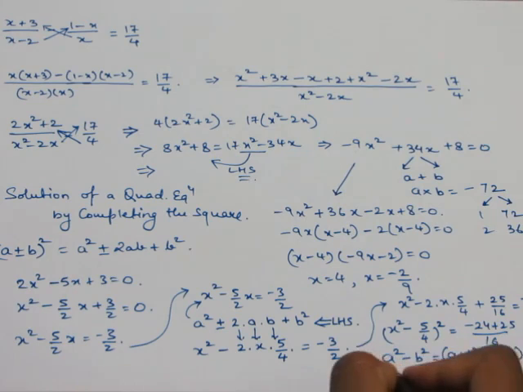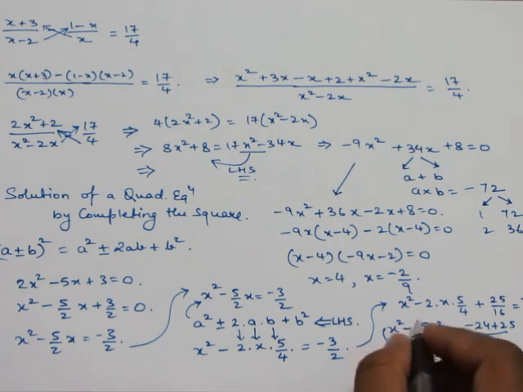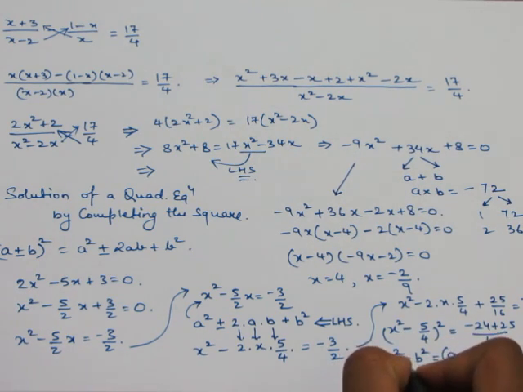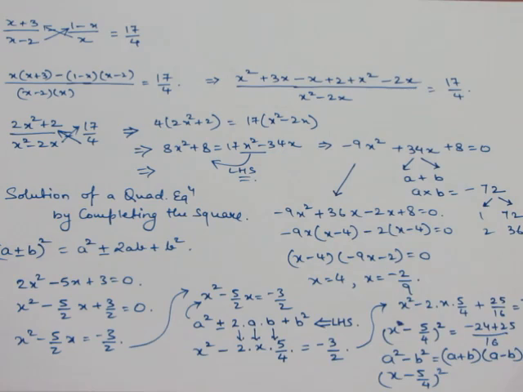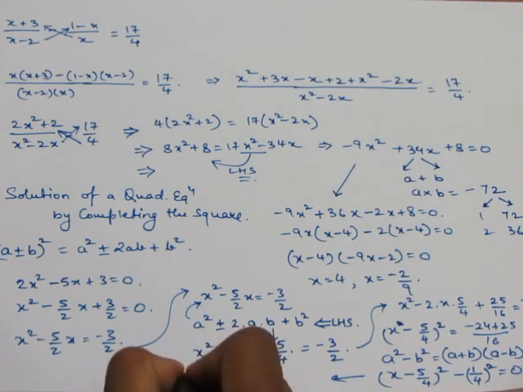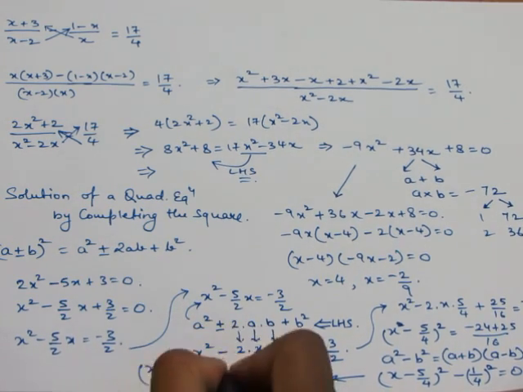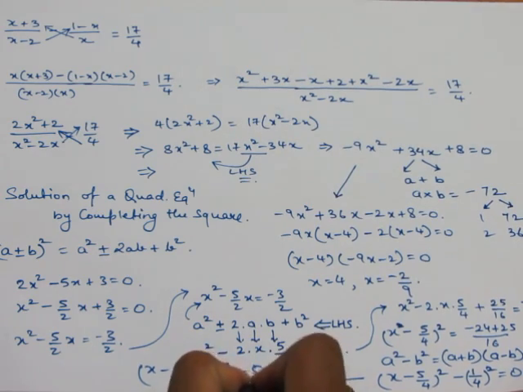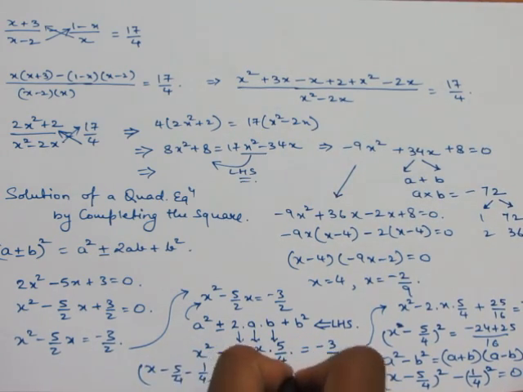What I can write is x minus 5 by 4 whole square minus 1 by 4 whole square equals 0. This one is clear, so I can write it as x minus 5 by 4 minus 1 by 4, times x minus 5 by 4 plus 1 by 4, equals 0.